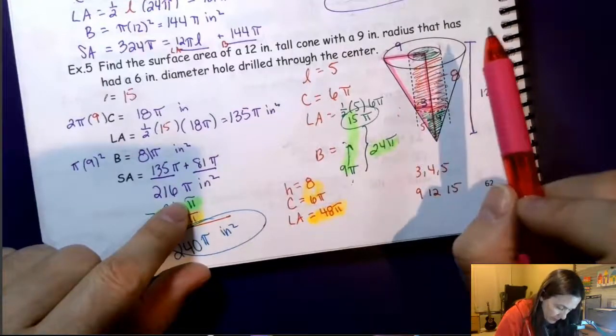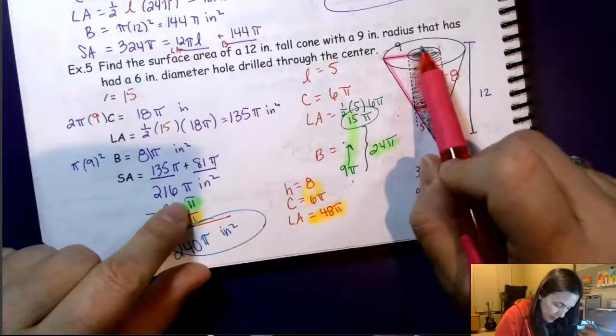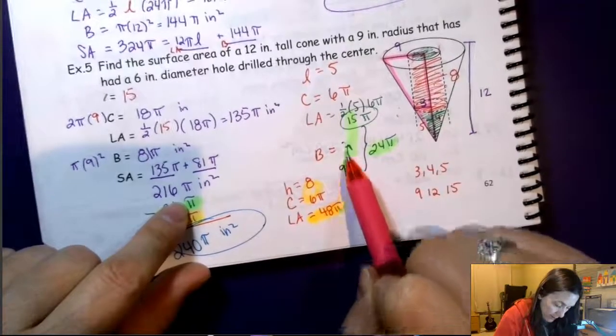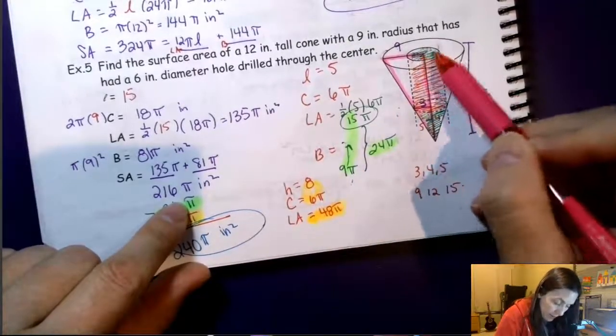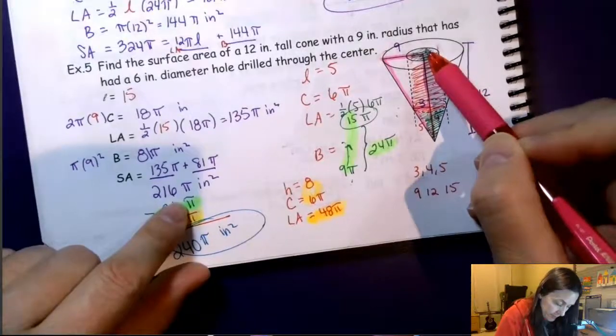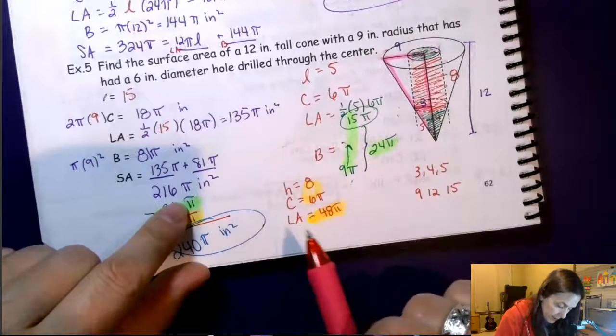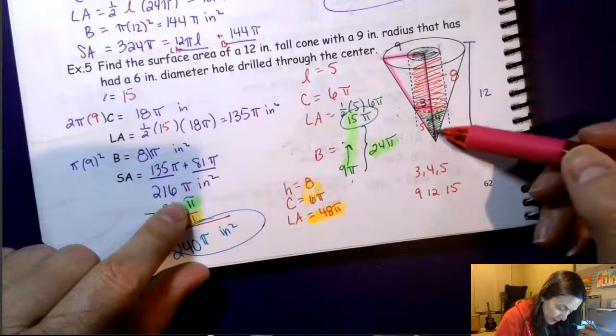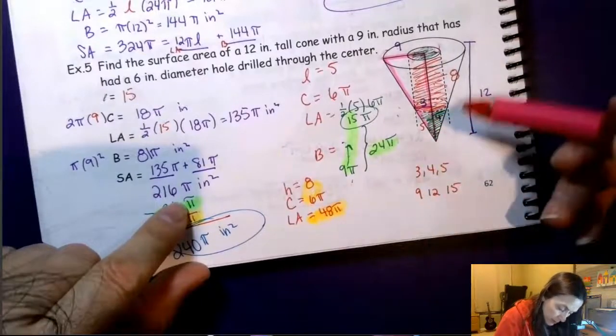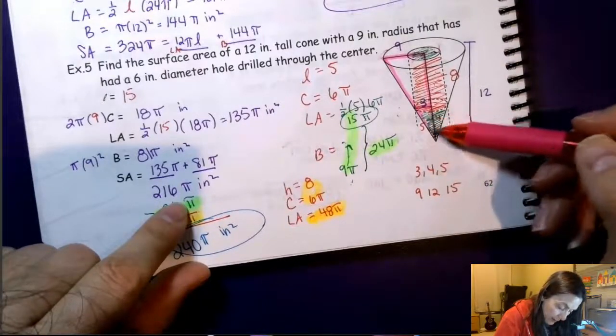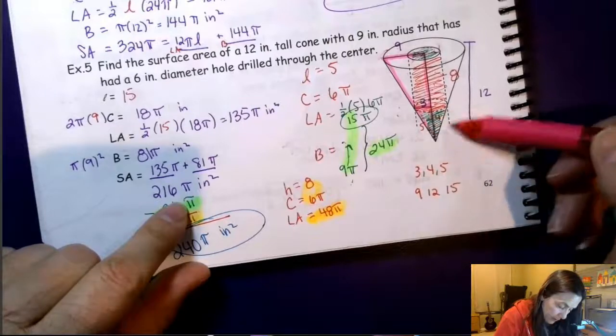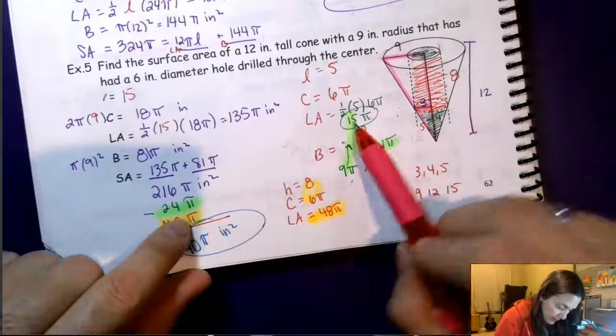Area of the base, 3 squared, 9 pi right here. So this is 9 pi, that circle. The area of this up here is this cone. 3, 4, 5. Find the area of that cone. That's going to be our 15 pi.